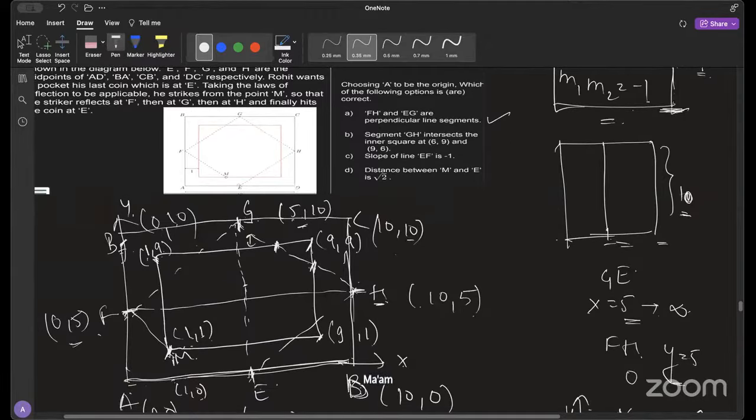What we can do is to find it, we know the coordinate of G, we know the coordinate of H. So we know the equation of line GH. And we also know the equation of the line of the inner square, the above segment, that is (1,9) and (9,9). So when we solve the equation of GH and the above segment, we get the point.